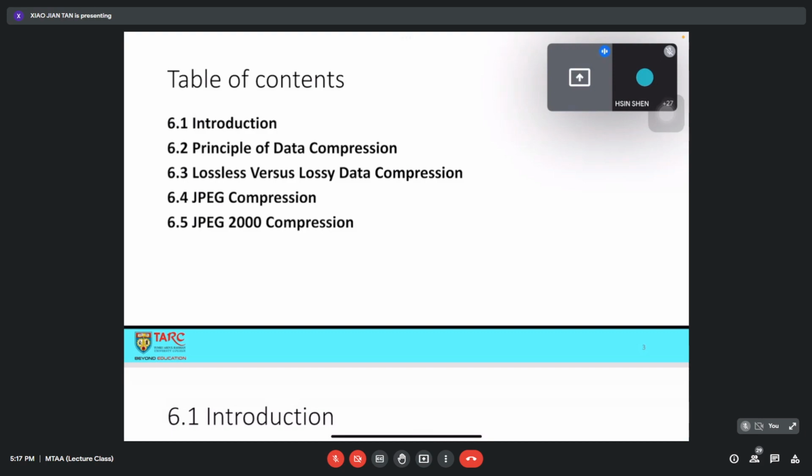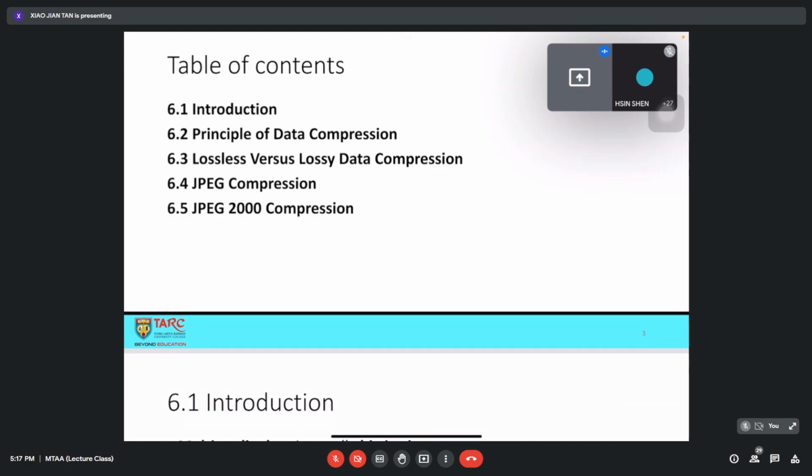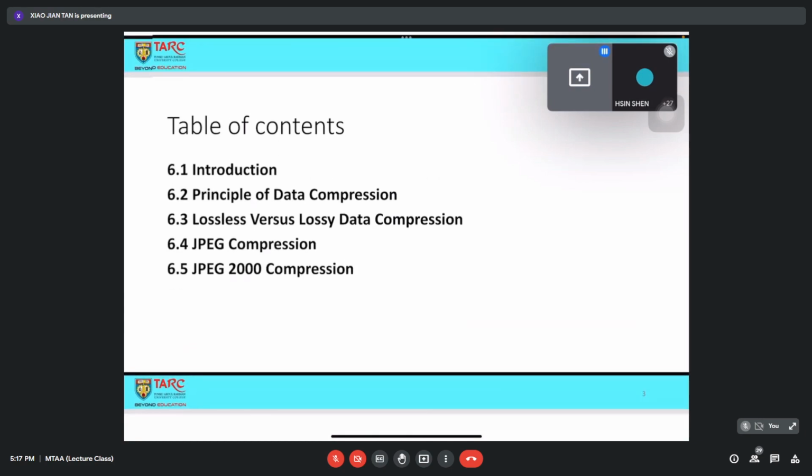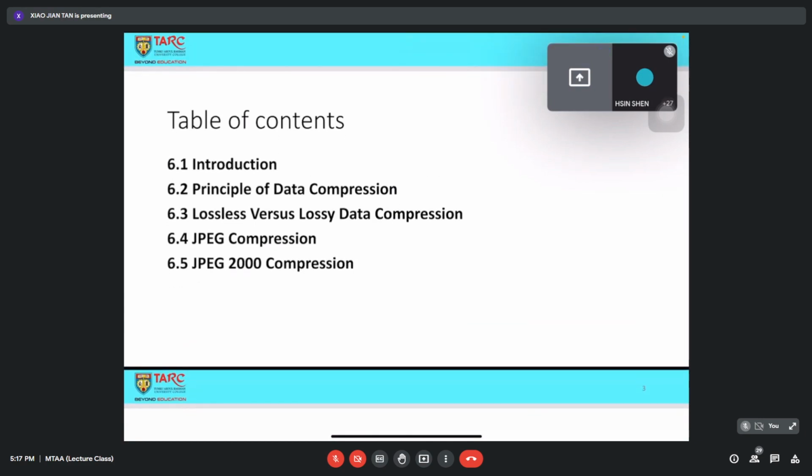The NIH, National Institutes of Health, from America, is actually launching a program called All of Us. This project is trying to archive more than 1 million healthcare records, so as to use this All of Us data to train deep learning models.